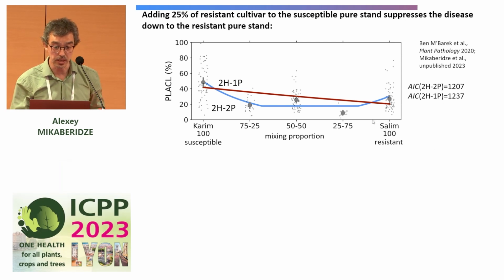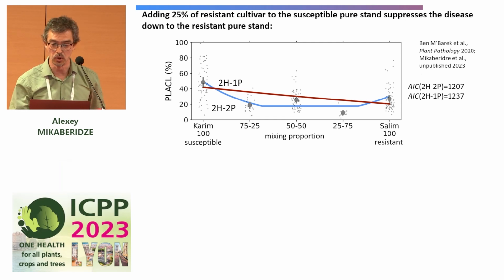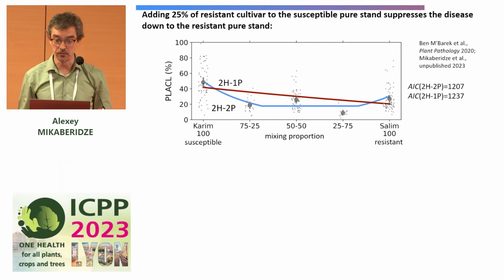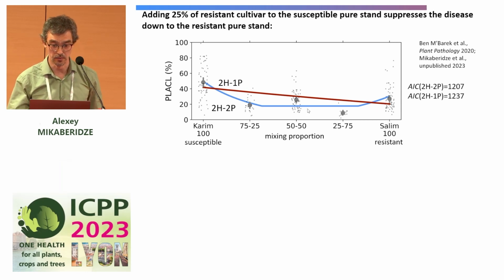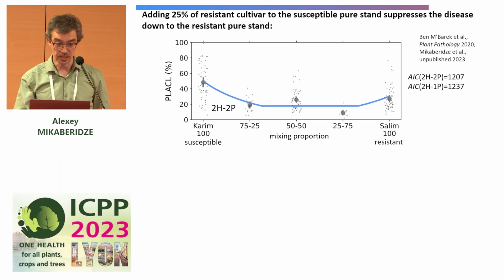And as we can see, it actually does capture this key pattern of suppression of disease severity at intermediate proportions. And this visual impression is also confirmed by model selection with the Akaike information criterion, where it is substantially lower for the blue curve, the model associated with the blue curve. So this is our preferred model in this case.